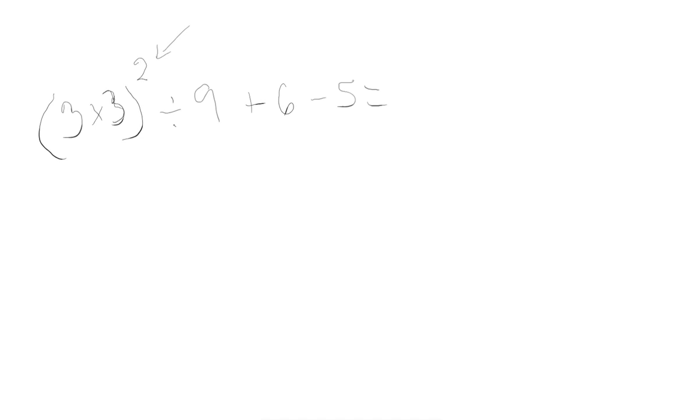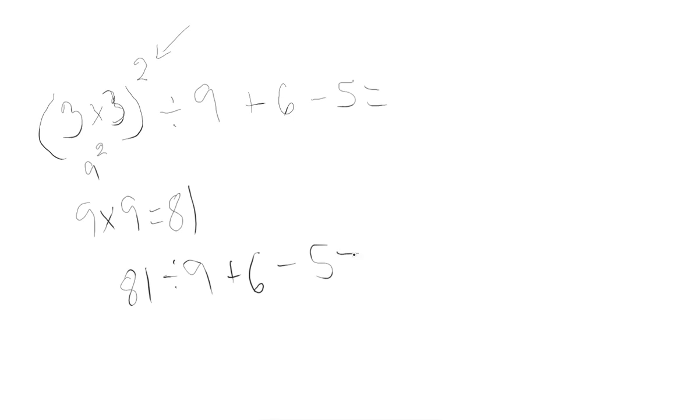So here you have 3 times 3, so 3 times 3 is 9. 9 squared is 9 times 9, which equals 81. So your new problem is 81 divided by 9 plus 6 minus 5.